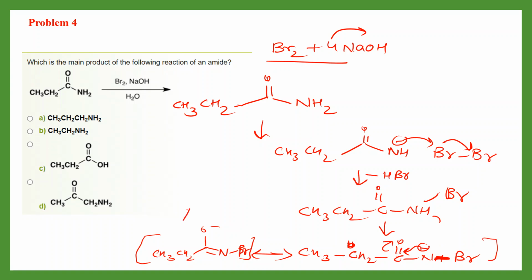Now next step, tell me students, CH3CH2CO nitrene formation. Now let me tell you what nitrene formation is. Whenever you have a negative charge on a nitrogen atom and a leaving group is attached to it, the leaving group will go in negative form, correct?